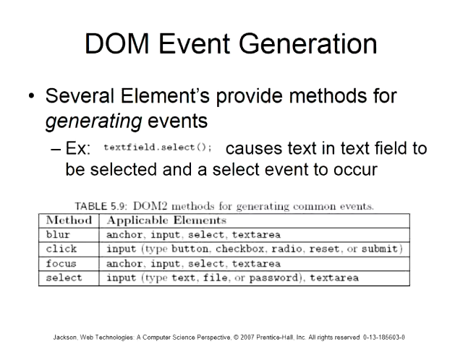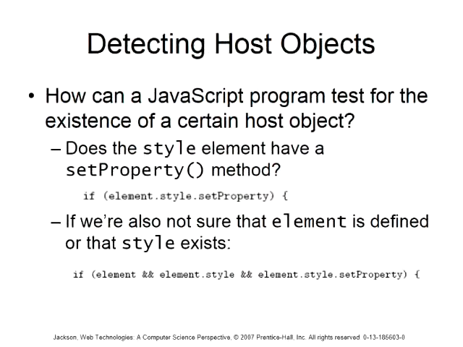For example, textField.select causes text in the text field to be selected and a select event to occur. For example, blur: anchor, input, select, textarea. Click: input type button, checkbox, radio, reset, submit. For the method focus: anchor, input, select, textarea. For the method select, we can find input type text, type file, type password, and textarea.